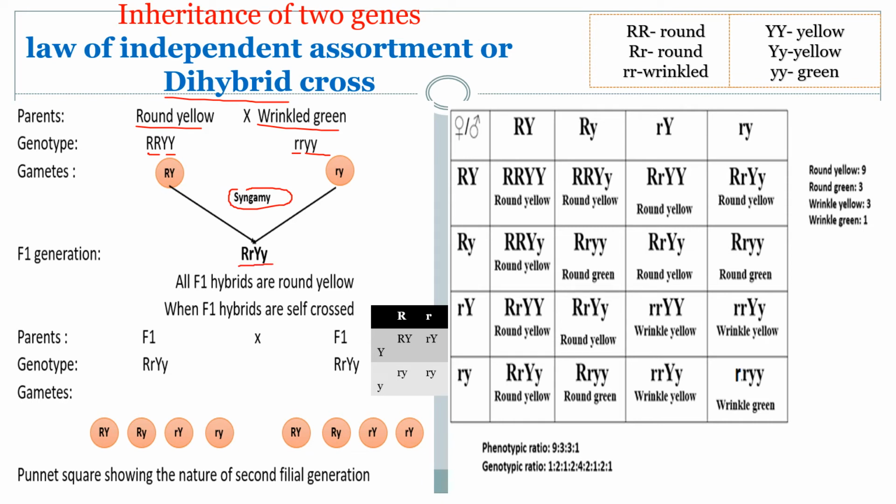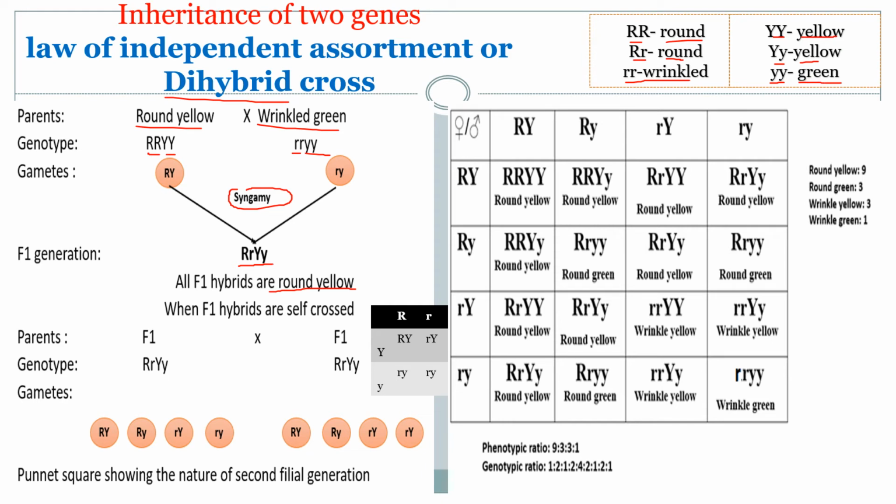In the F1 generation, we found that all F1 hybrids are round yellow because of the law of dominance. See here, capital R is there means it is round. Okay, and capital R with small r is also round because of the law of dominance. Next, small r means it is wrinkled. Again, capital Y is yellow and capital Y small y is also yellow because of the law of dominance, and small y can be taken as green.